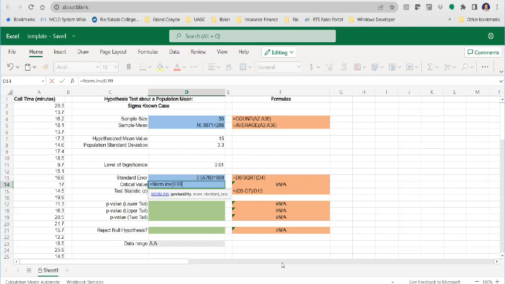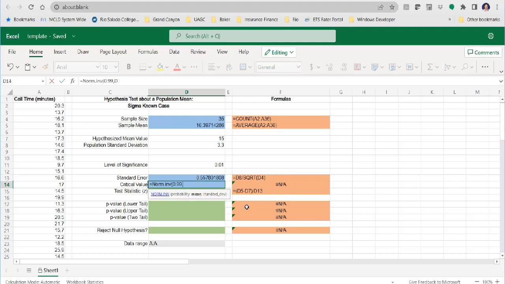So that's 1 minus alpha in this case. And then we'll do the mean of the distribution and the standard deviation, which is known here, and close parentheses.